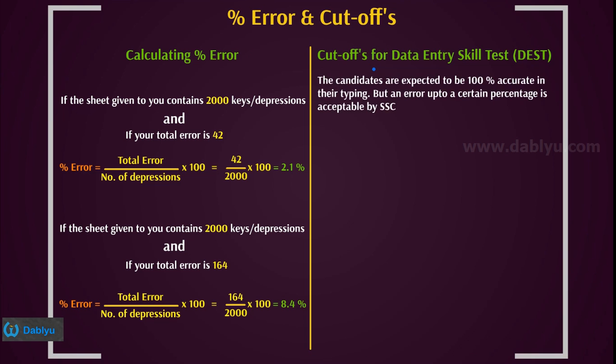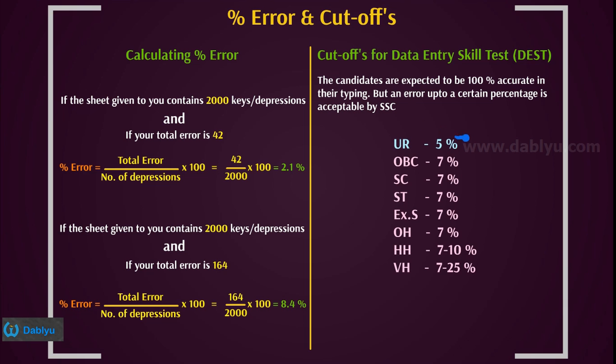Generally you are expected to be 100% accurate in your typing, but everyone makes mistakes, and even SSC knows that. So SSC will accept some error up to a certain percentage. The cutoff so far has been that 5% error is acceptable for unreserved category people, and for OBC, SC, ST, ex-servicemen and OH categories up to 7% error was acceptable.